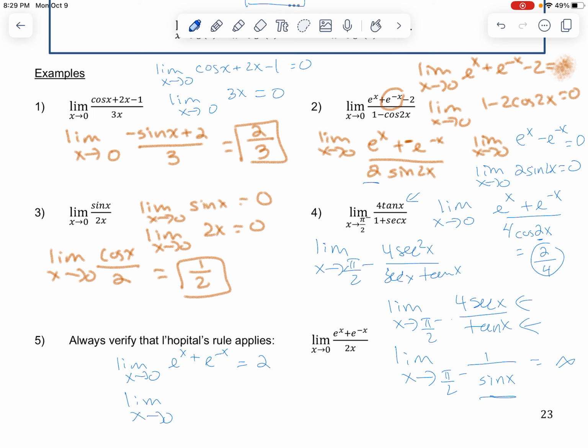And the bottom is 0. So I do not have 0 over 0. I have 2 divided by 0. You cannot use L'Hopital's rule here. Okay? 2 divided by 0 is going to give me infinity because the bottom of the fraction is getting smaller and smaller, so the whole fraction gets larger and larger. So make sure when you see fractions, you don't automatically go to using L'Hopital's rule.